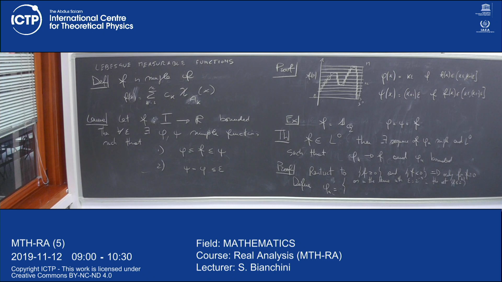So I restrict to the set 2 to the n, I redo the construction, so the definition is exactly the same. Instead of epsilon, since I want an index n, I take 2 to the minus n. 1 over n, doesn't matter. The only thing, one should go to plus infinity with n, and one should go to 0. And now what I say is 2 to the n if in f larger than 2 to the n.